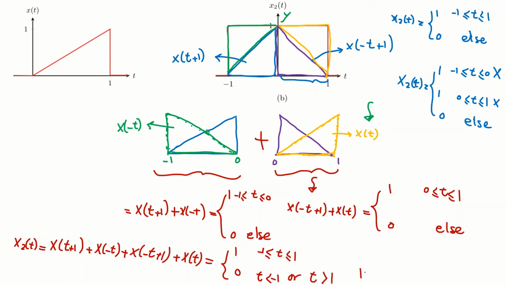Okay, so this is how we can build x2 using different versions of xt.